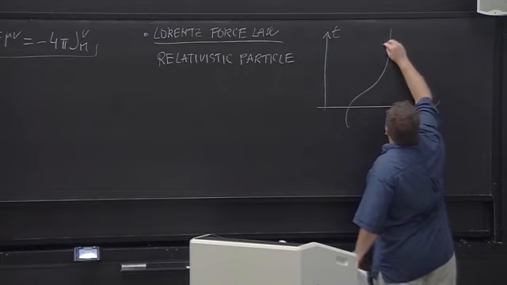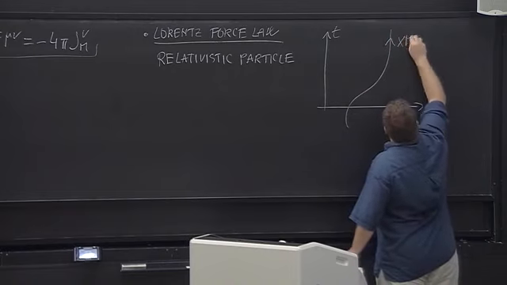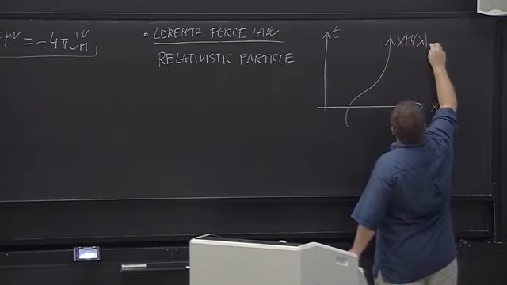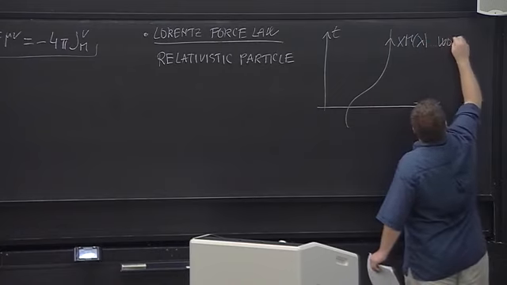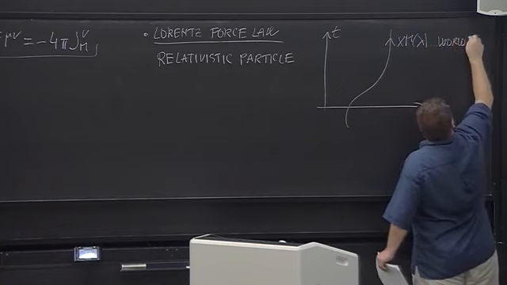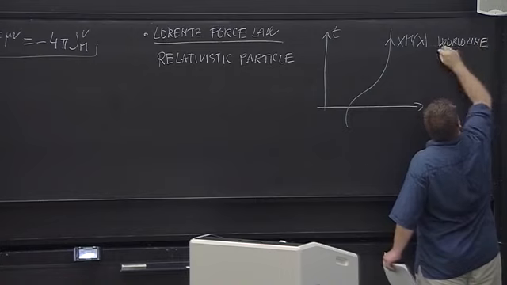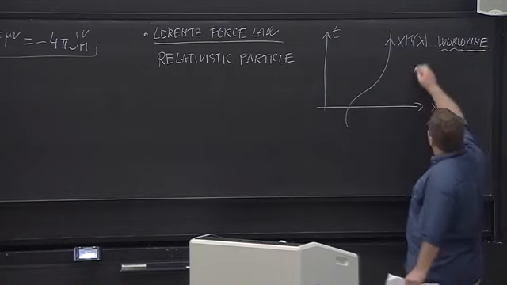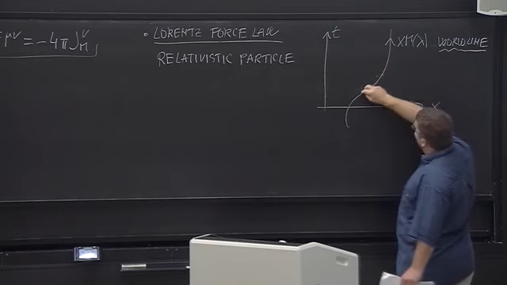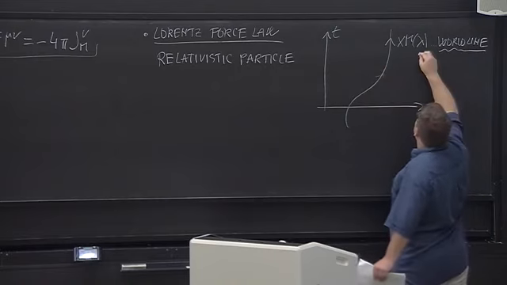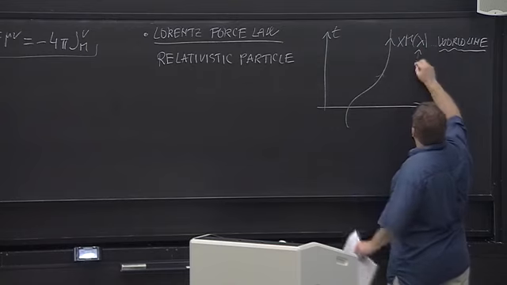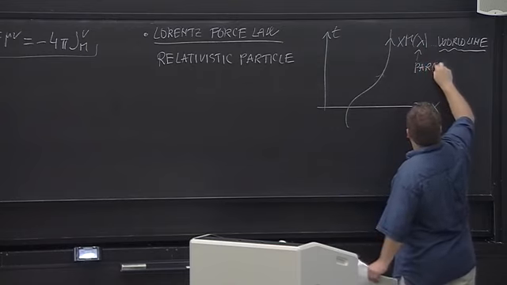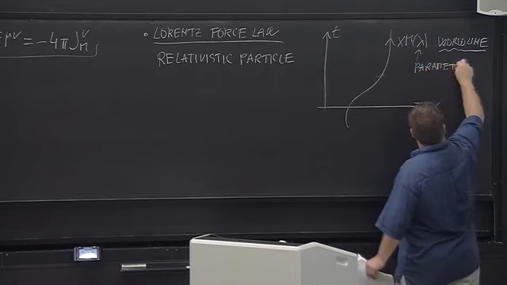You can parameterize this trajectory by x^μ of some parameter λ, and this will be the particle's world line. So λ is the parameter parameterizing my trajectory, telling me where on the trajectory I am.